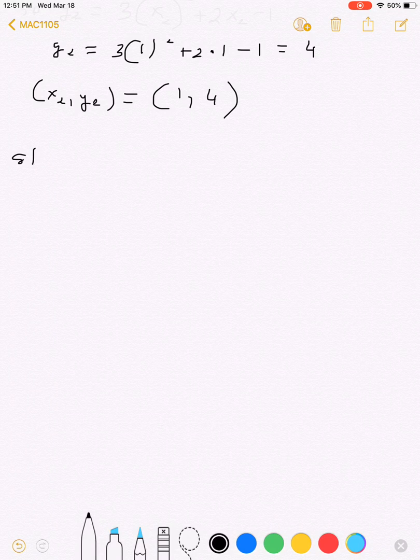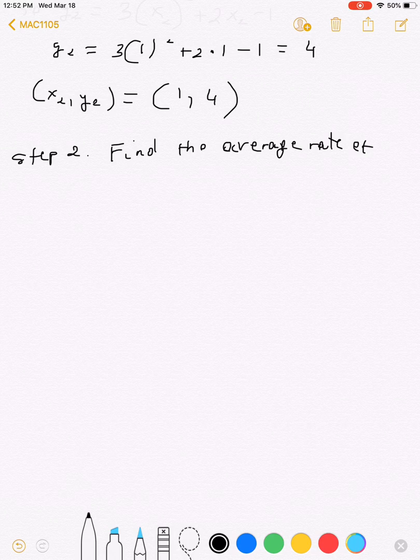Step 2: find the average rate of change of a secant line.